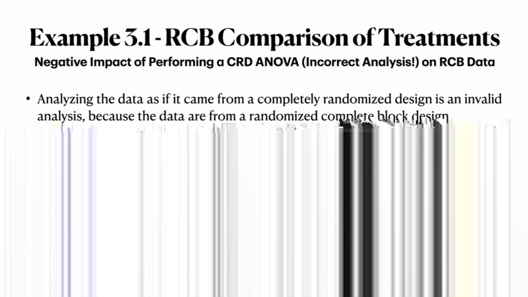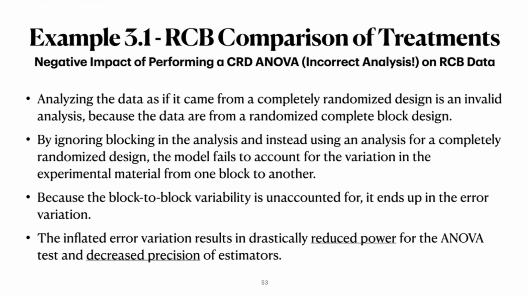The only place that variation can go is in the error term. Because the block-to-block variability is unaccounted for, it ends up in that error variation. Right? All unaccounted for variation ends up in the error variation. And that results in an inflated error variance estimate. And that has the result of drastically reducing power for the ANOVA, and also in decreasing the precision of estimators.